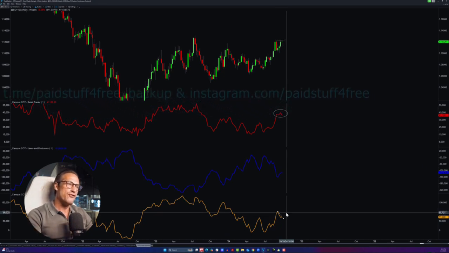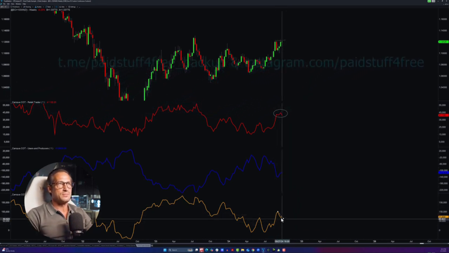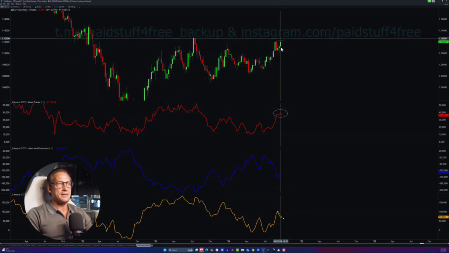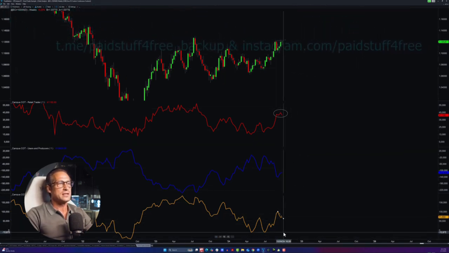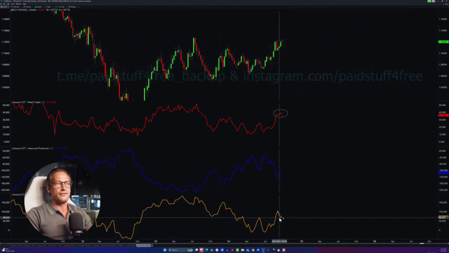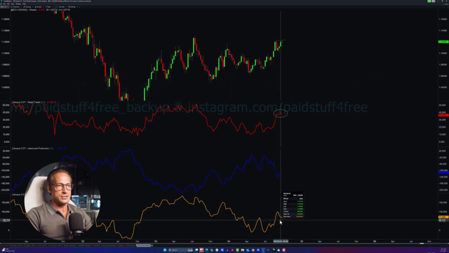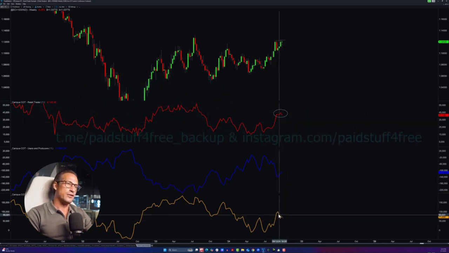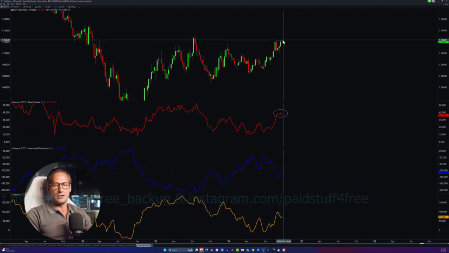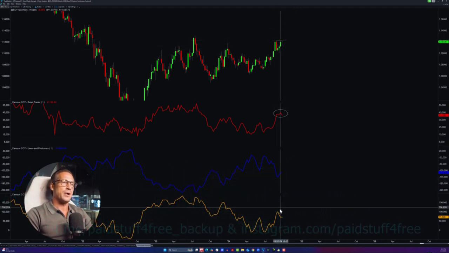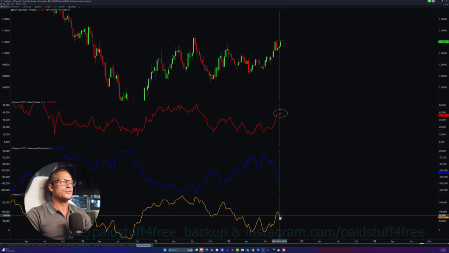So it's a negative divergence, meaning that price is about to drop as well, because price is following the behavior of the fund managers here. So that's another clue that this rally, what I would call a fake rally, is about to drop as well.